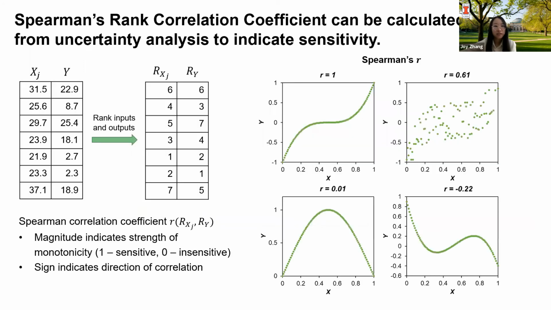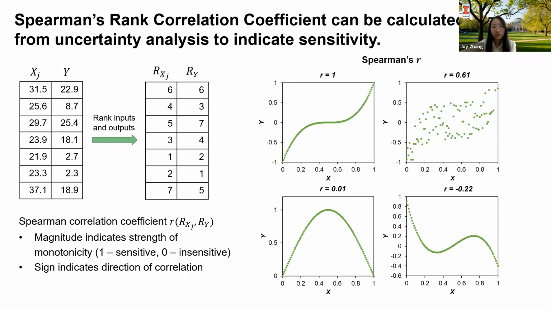To perform a sensitivity analysis, we introduce here a relatively simple method called Spearman rank correlation coefficient. And the Spearman correlation coefficient basically measures the monotonicity between two variables.